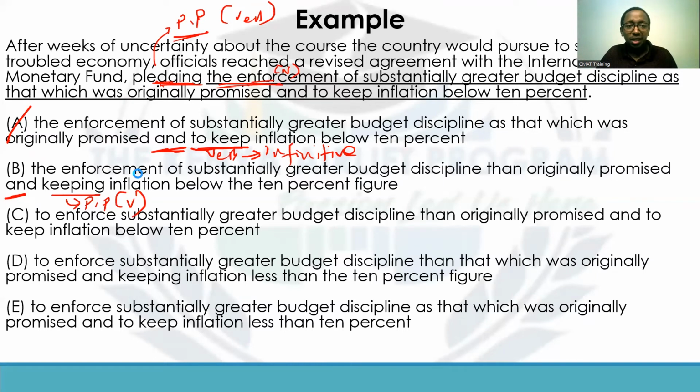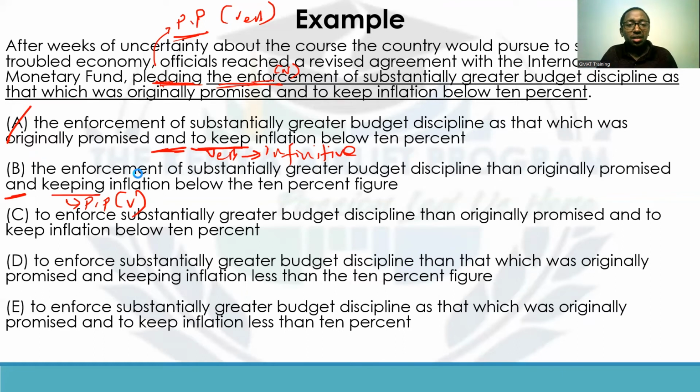And then we have pledging, which is also a verb, and it's a past participle. So again, that's assuming that this list is starting over here. So since we now have our parallel structure, we can look at the meaning, because that's the next step.